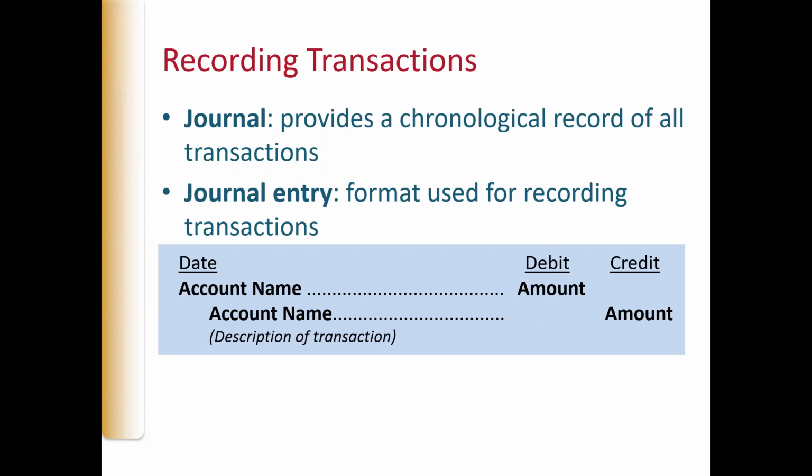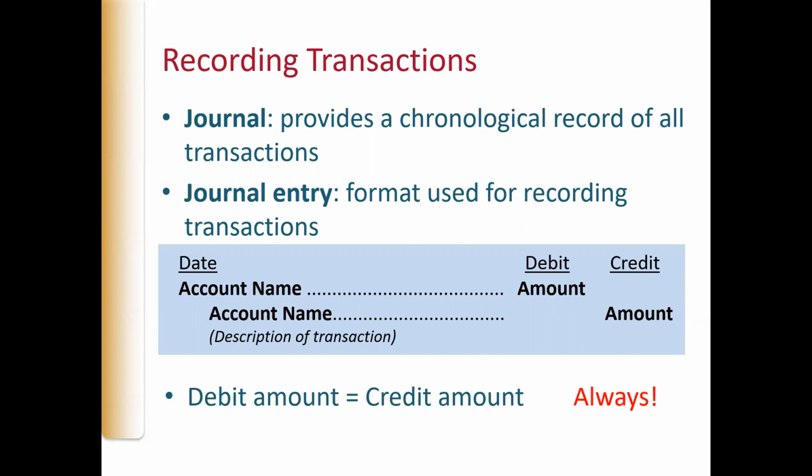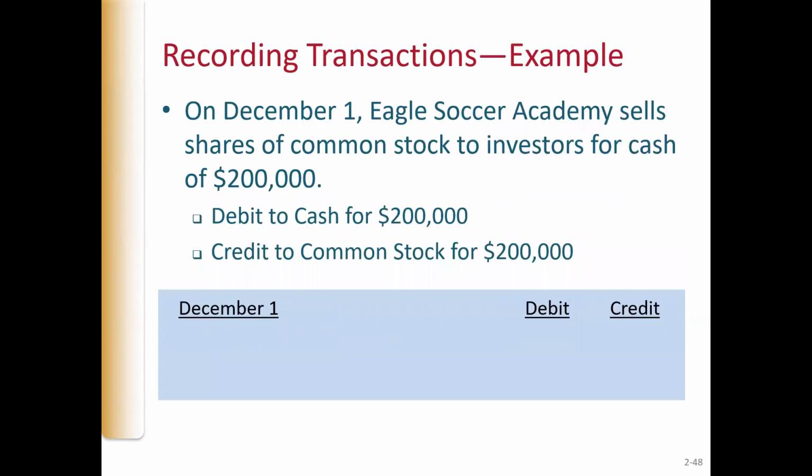A journal is a chronological record of transactions, and we use the format called a journal entry, which means we record first the account that we are going to debit, and then we indent the account or accounts we are going to credit, with a description. Remember, we always have to have the same amount on the debit side as we have on the credit side.